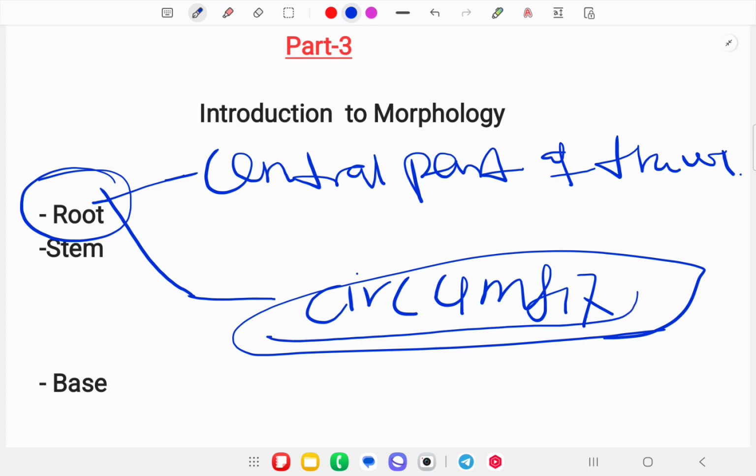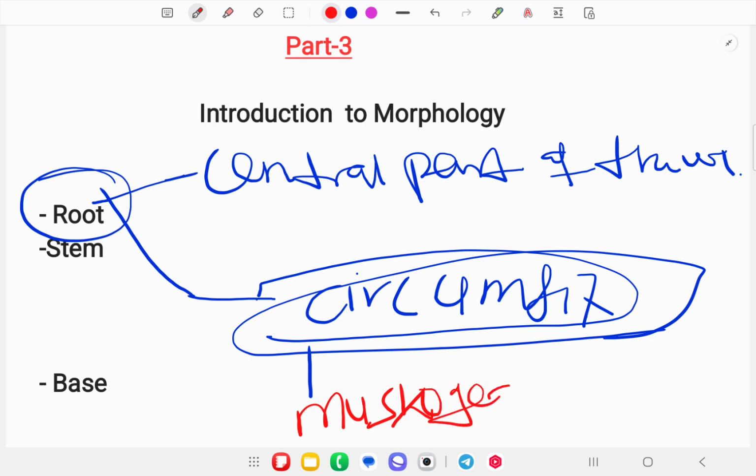So the circumfix is used in the Muskogean language, which is spoken in Oklahoma.